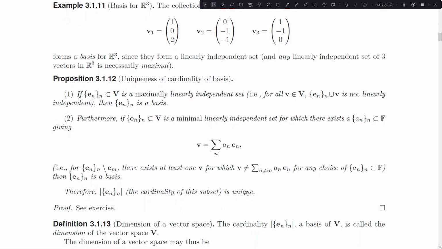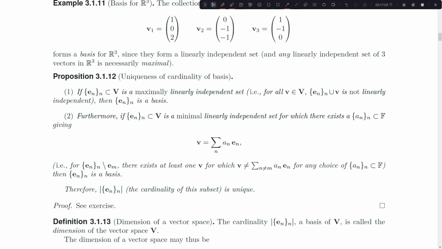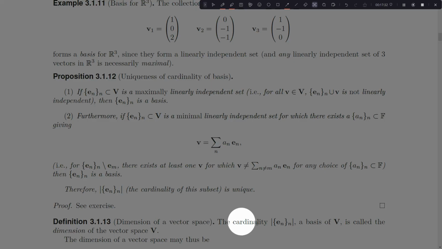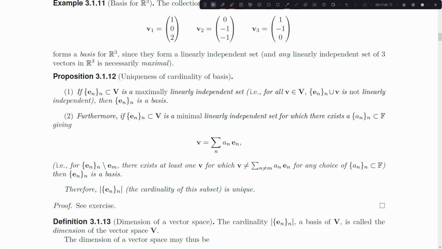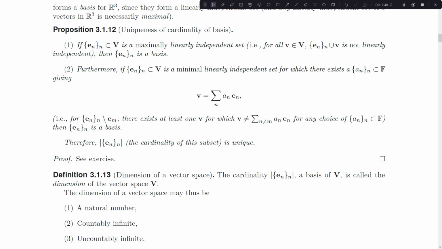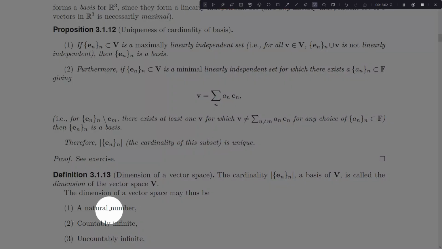Now this brings up the definition then, right? The dimension of a vector space is exactly the cardinality of the basis. So once I've found a basis, I take the cardinality of that set, and there's my dimension. The direct corollary of that is I have three choices for a dimension of a vector space: I can be any natural number, I can be countably infinite, or I can be uncountably infinite, because that's what cardinalities of sets exist, right?